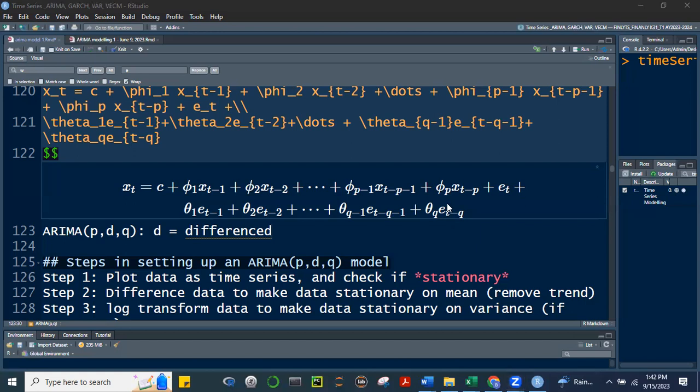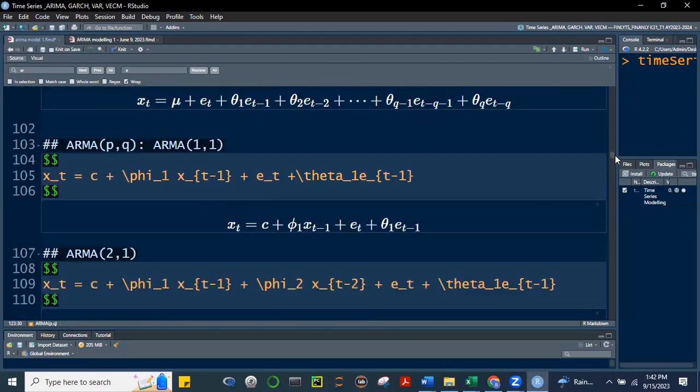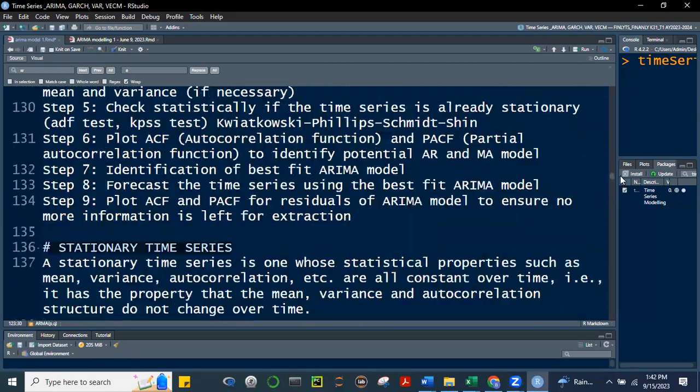Okay, sige, let's see. How about Christine? Why M2? Villanueva, Christine? Hello, sir. Yes. My answer po is log muna and then difference po after. Why?